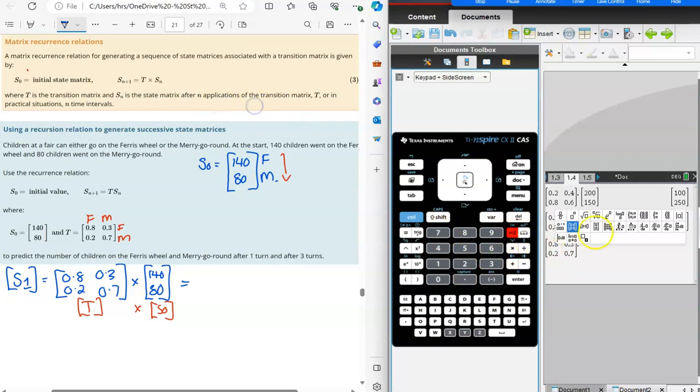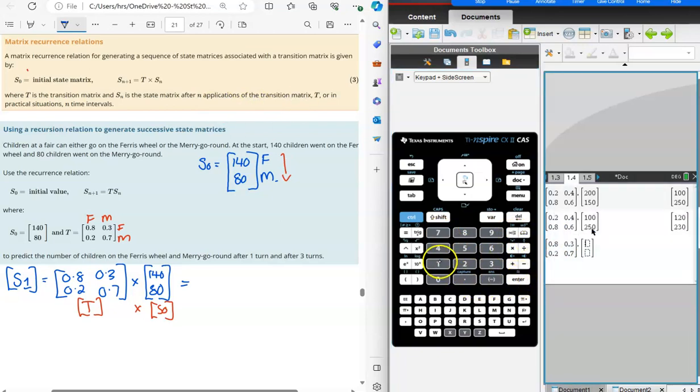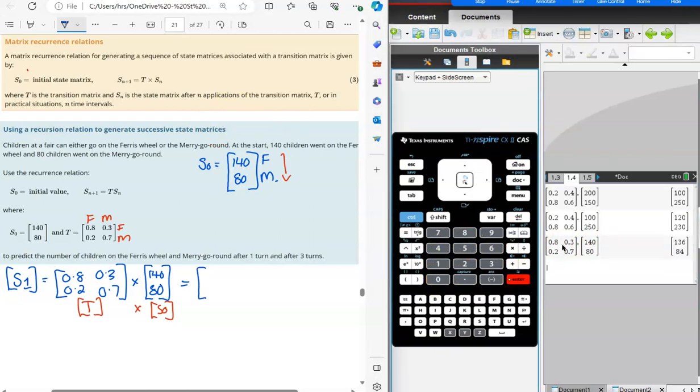Then I multiply it by S0 to get S1, which was 140 and 80. I do that, and that gives me S1, where this is Ferris and this is merry-go-round. So after one turn, I have 130 kids on the Ferris wheel and 84 on the merry-go-round.